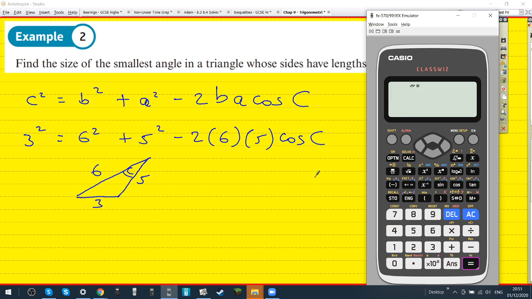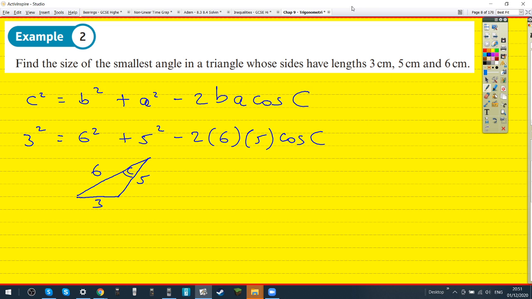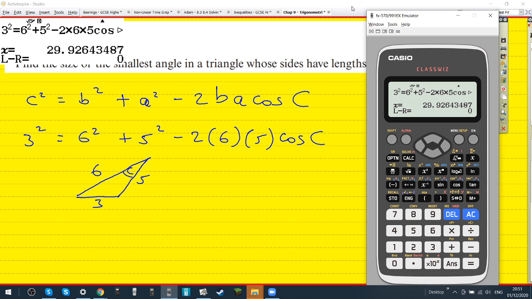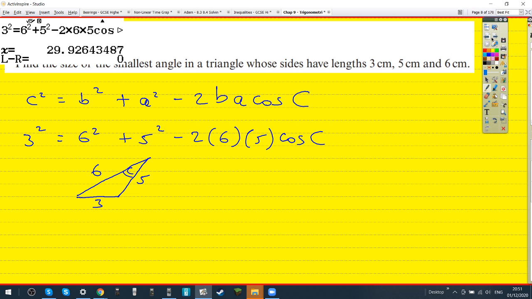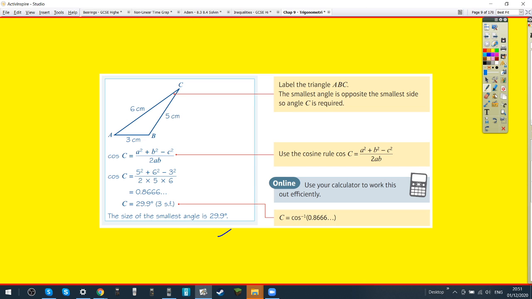Roll the dice. Okay, so I got a crazy answer. There's a reason for that. Let me just try much more normal. Shift solve 7. There's a reason for that. Let me just screenshot that thing. So that's what, 29.9 degrees. Let me take a look. 29.9.